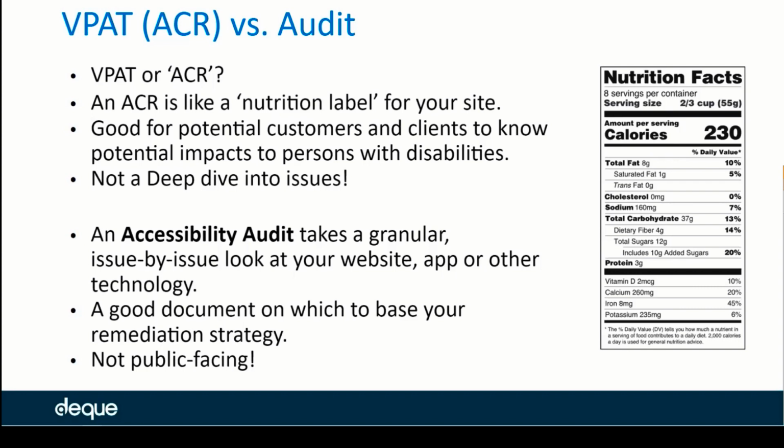And this is the document that you base your remediation strategy on. This is the document that your developers and your design team and your QA get their hands on. And this is the document you use in a sprint model to determine what goes into the backlog and what gets fixed this week. And as such, that's not public facing. That's not something you want to share like you would an ACR.